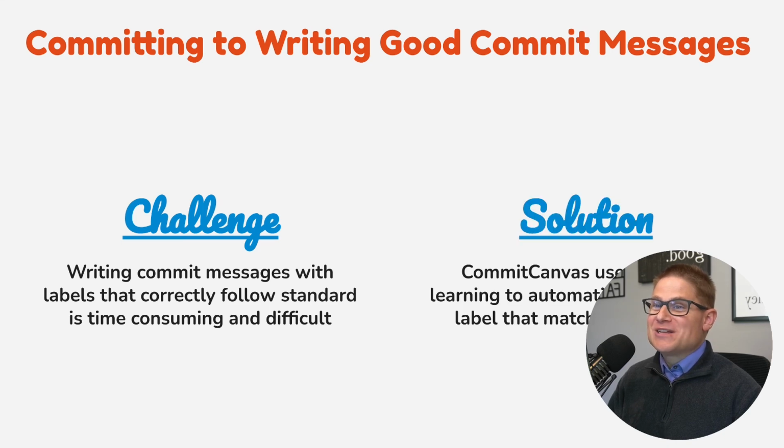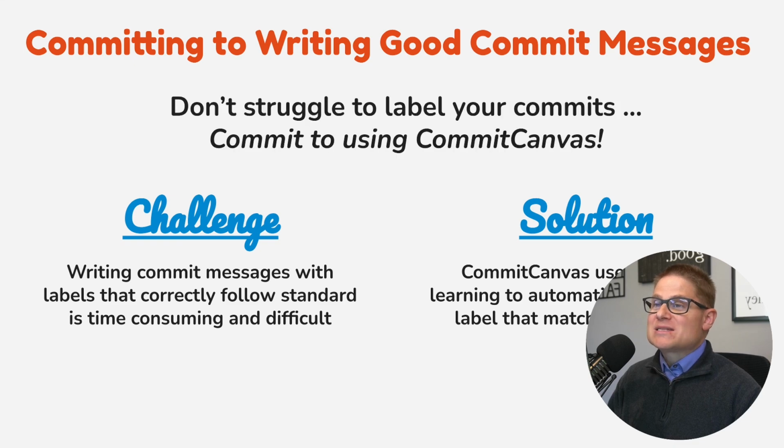The solution that I presented to you was the use of the CommitCanvas tool. CommitCanvas uses machine learning to automatically predict labels that match the commit message and the way that you change the version control repository's code. So, instead of struggling to label your commits, I hope that you will commit to using the CommitCanvas tool.